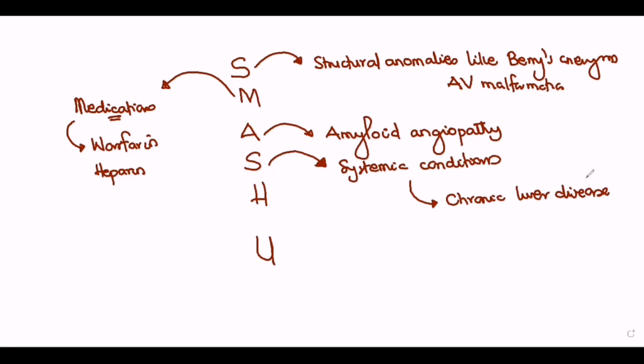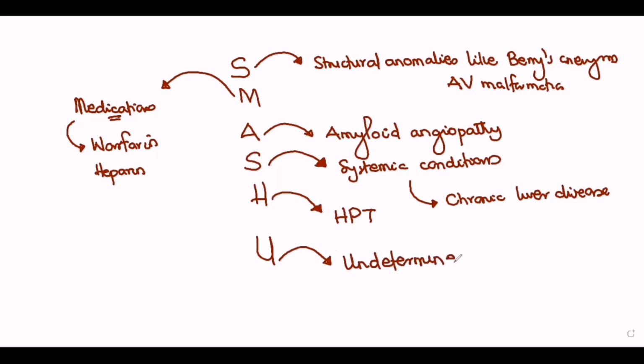So the body will be in a state of what? Anticoagulation. And that can result in a bleed in the brain. Again, chronic liver disease may be associated with thrombocytopenia, as I explained last time, and that can also contribute to the bleeding into the brain. And then the H is for the hypertension. U is undetermined or idiopathic.